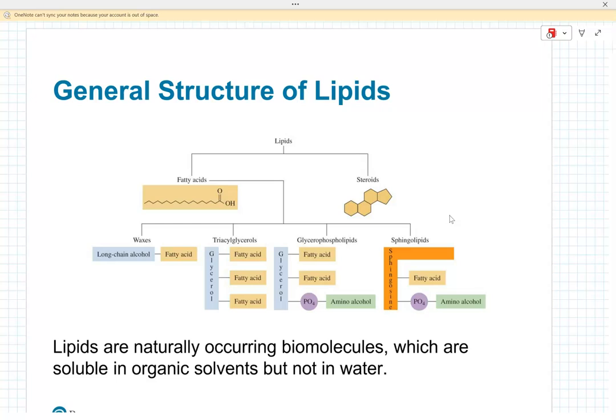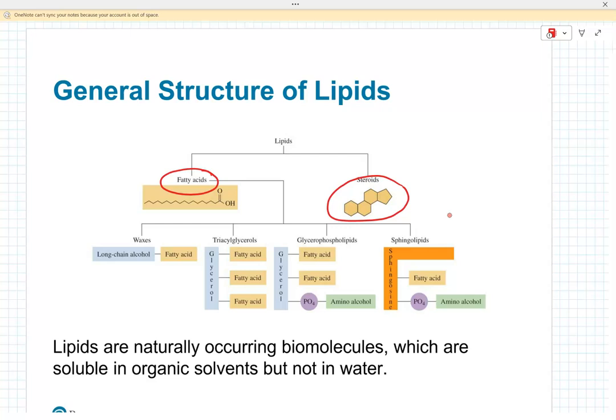Now, let's chat about further classification. We've already figured out steroids. So now let's take a look at fatty acid-based lipids. Okay? Now, hear me out.